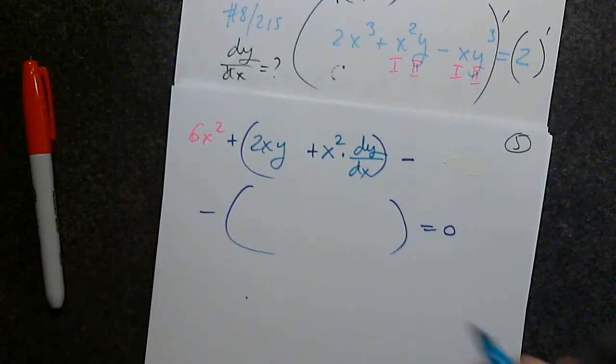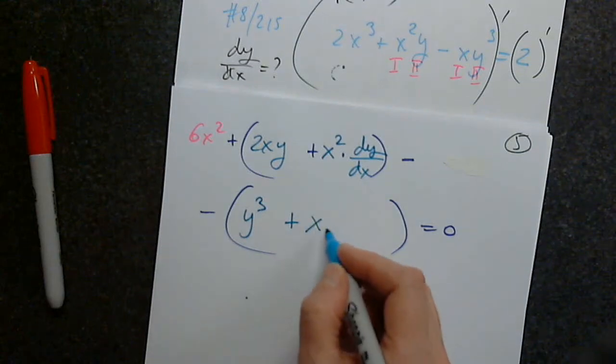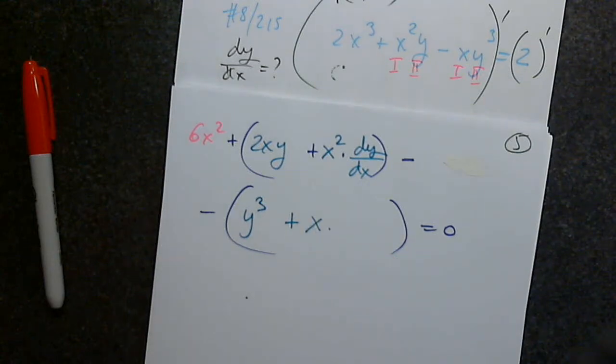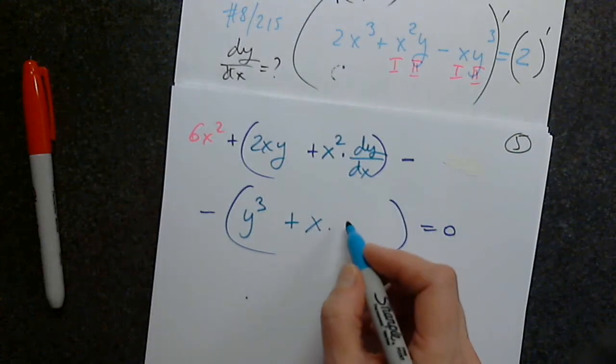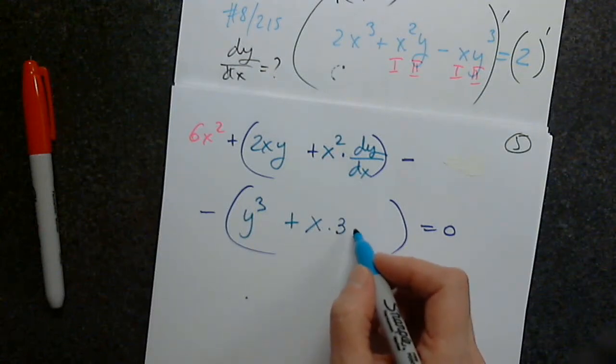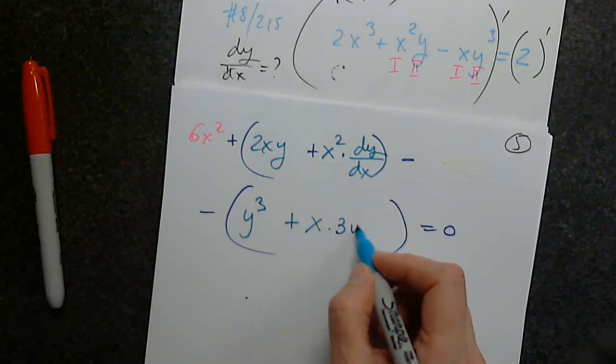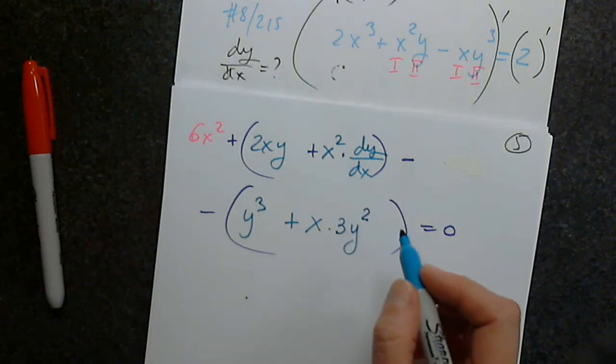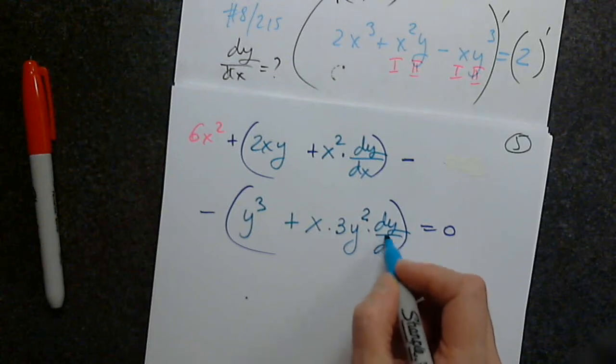Okay, minus, I differentiate the first function, and I get 1 times y cubed, and plus, I keep the first function, and now, very carefully, I differentiate y cubed. But y is not a variable. y is a function. So I get 3, careful, y squared times dy over dx, right?